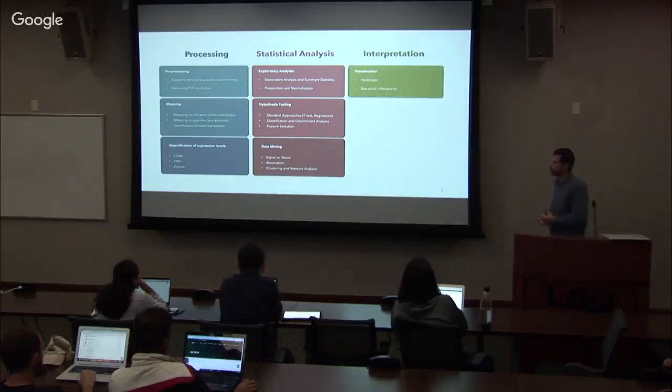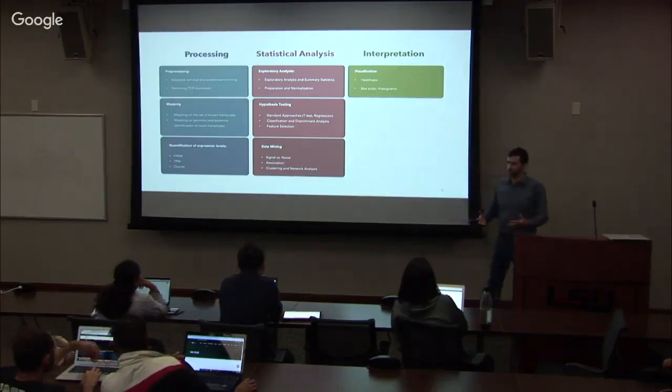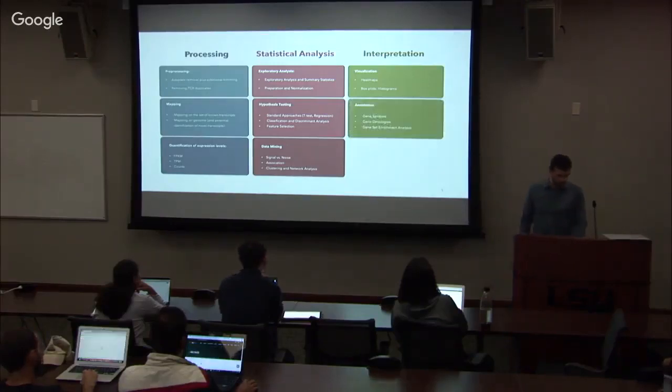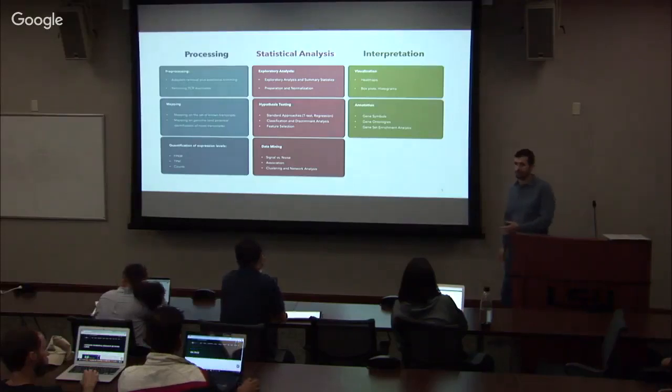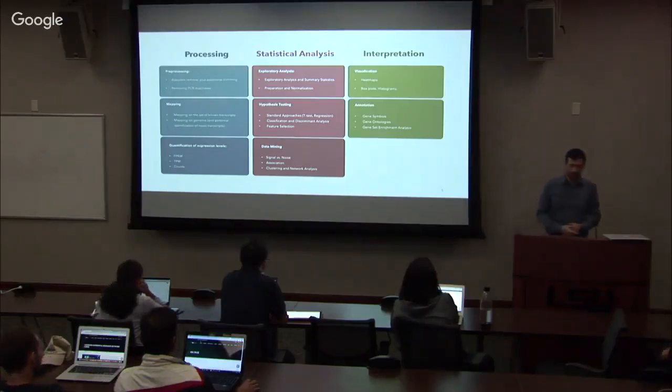For interpretation, one way to interpret our data is, of course, visualization. We can just visualize and kind of summarize what we see in the data visually. We'll talk about annotation. So how can we use reference databases to annotate what we see? For example, with gene ontologies and things like that.